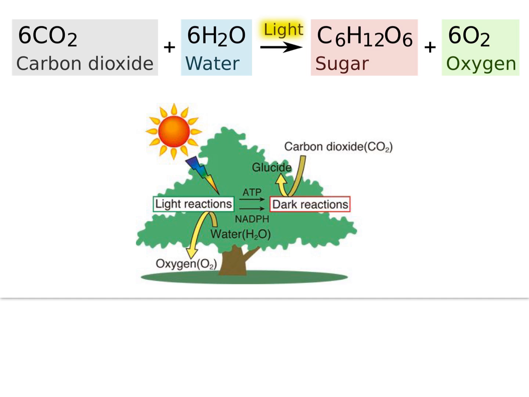If you notice, we started out cellular respiration with these as our reactants and ended up with these as our products. So photosynthesis is just the exact flip opposite of cellular respiration. You're taking carbon dioxide and water, adding some sunlight in, and getting glucose and oxygen out, which is why plants give off some extra oxygen.